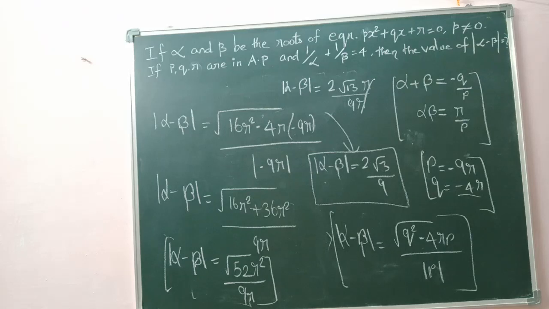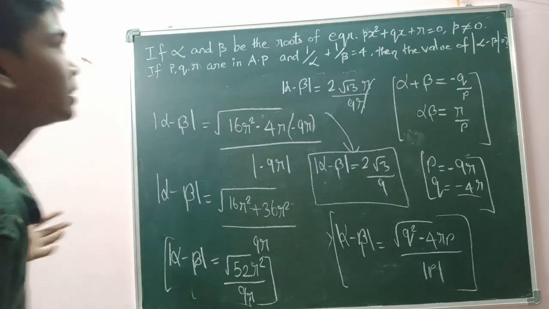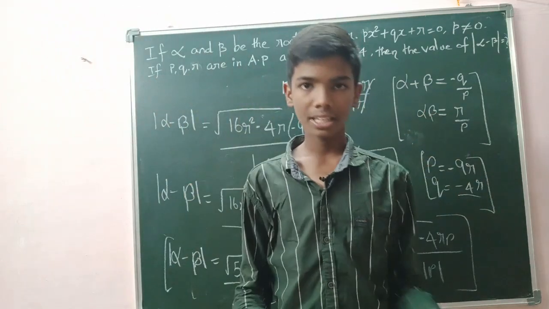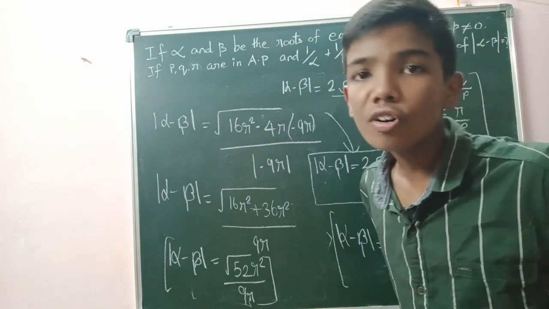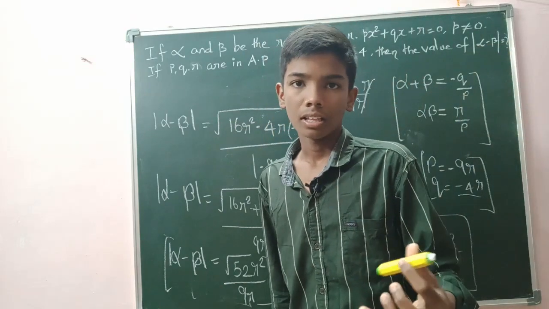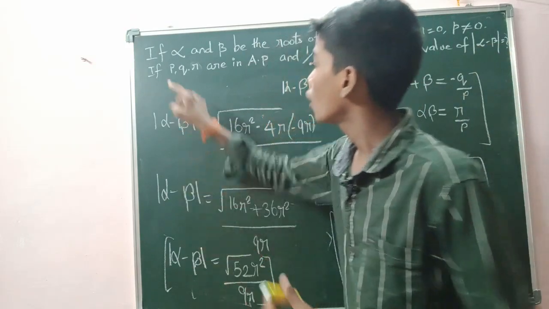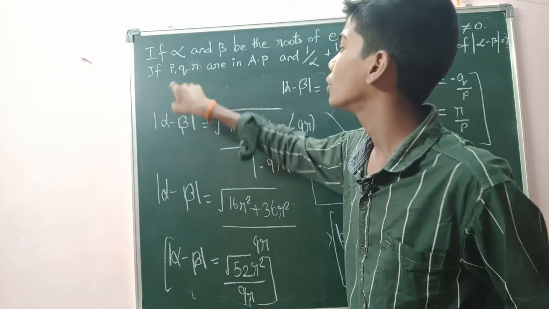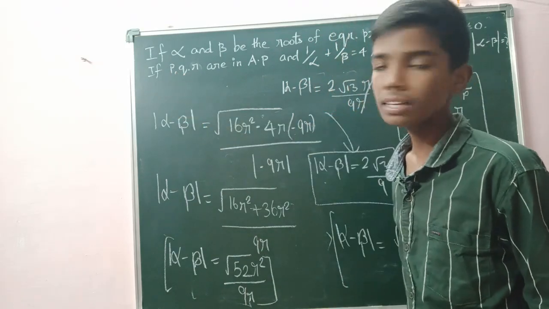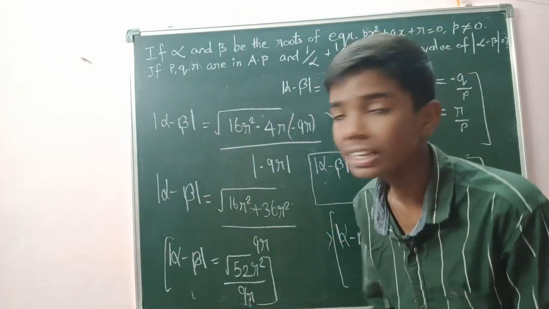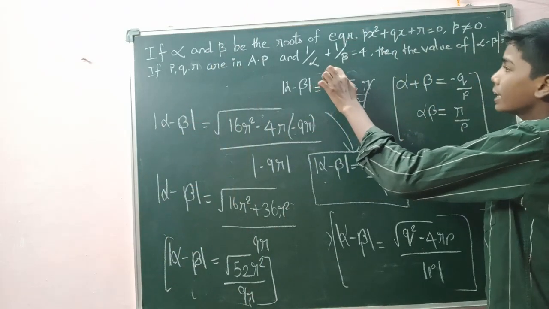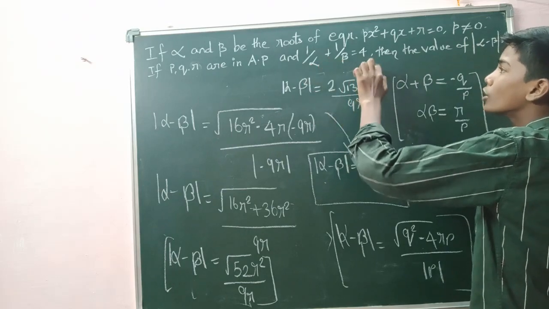That's all of this question. I hope you guys would have enjoyed the solving of this question. Basically, what we did here is we just used all the hints given in the question. We know P, Q, R are in AP. Therefore, I can arrive that 2Q will be equal to P plus R. Correct now? 2Q will be equal to P plus R, and after that I kept it as one equation. Then I used this particular hint: 1 by alpha plus 1 by beta is equal to 4.